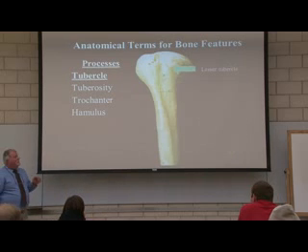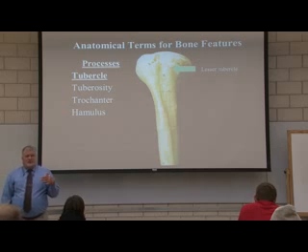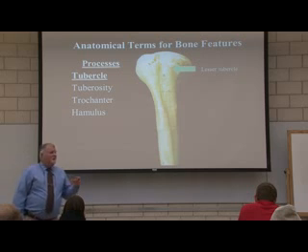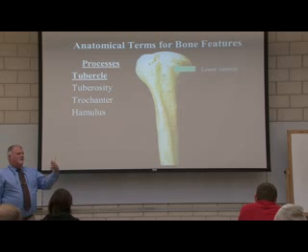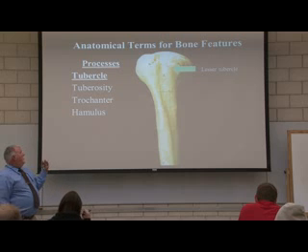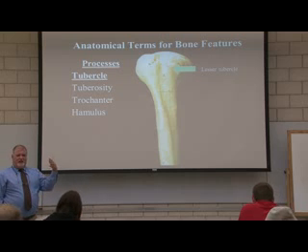All right, so this always reminds me of Sesame Street, the T words. So we have words that are designed to attach muscles and ligaments to. They're typically associated with heads on bones.